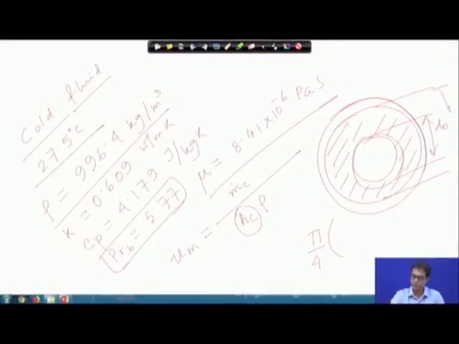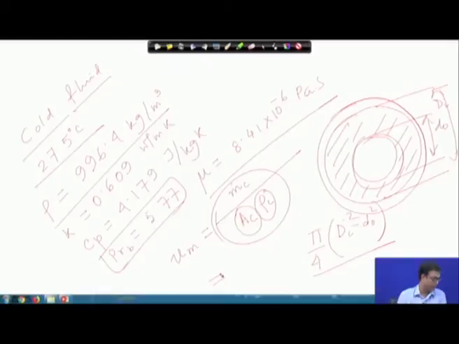We already know those two parameters, and we know the density of the cold liquid. So, we will be able to find out the velocity of the fluid. This will come out to be 0.729 meter per second. You can try.